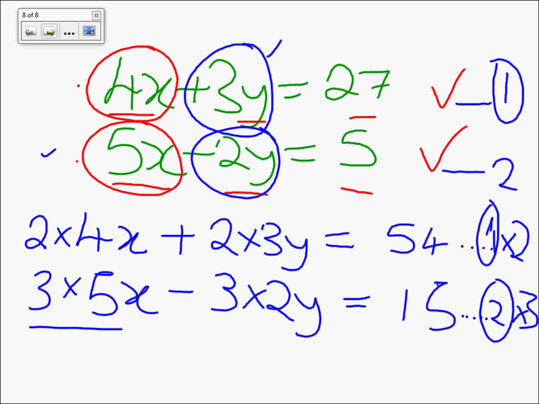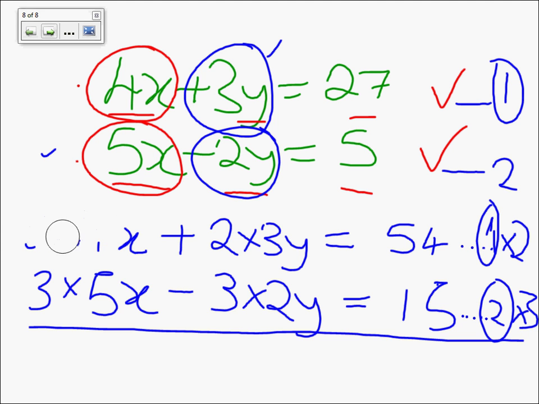Can you see that? Very important. Now, once you do that, compute completely. What is 2 times 4? It is 8. What is 3 times 5? It is 15.